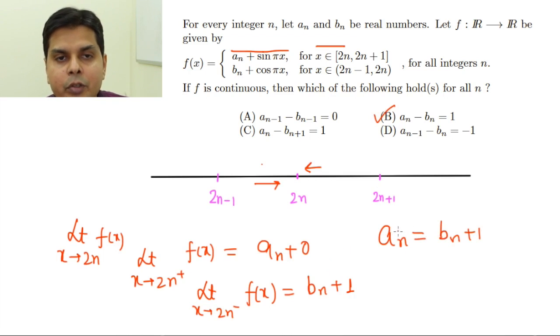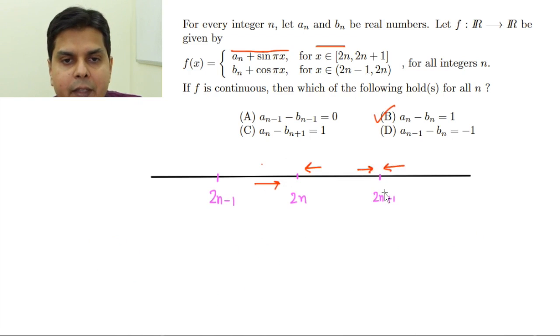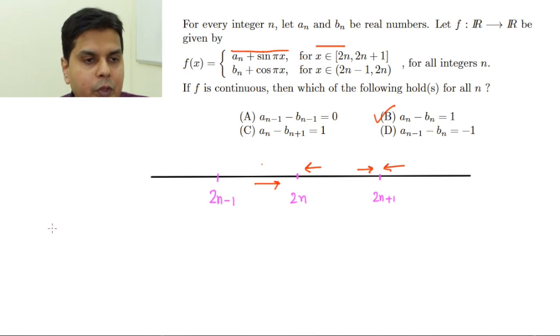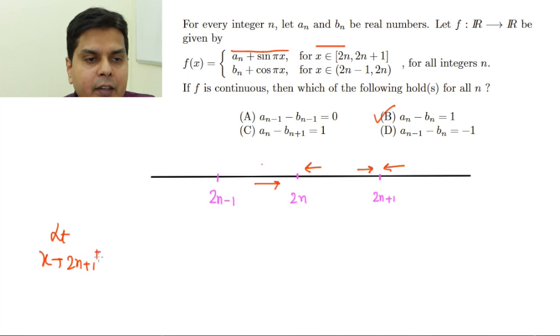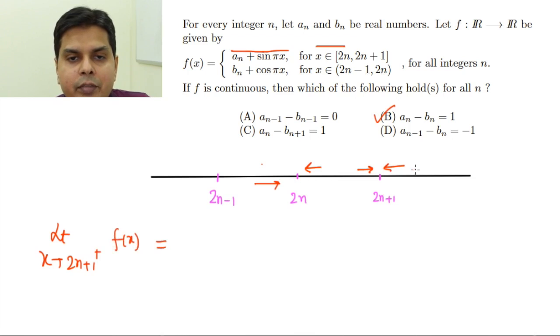There is another correct option also that we will get if we apply the same criteria of continuity at this point, 2n plus 1. So when we apply the criteria of continuity at this point, that is limit x tends to 2n plus 1, if we have to find the right hand limit of this f(x), then because I am approaching from the right hand side, this is the 2n plus 1 to 2n plus 2 interval, the odd interval, so I will use this formula.